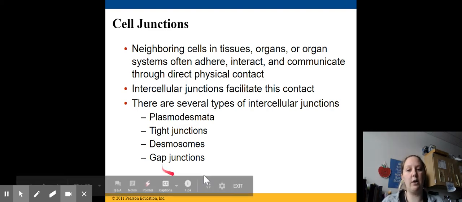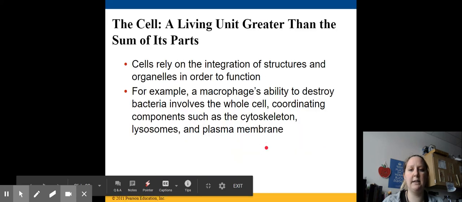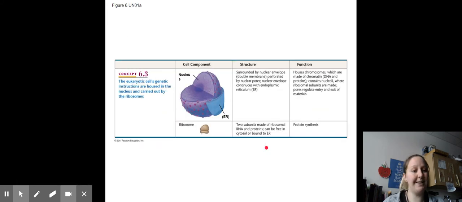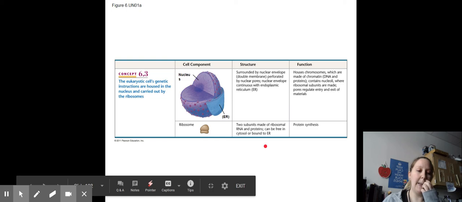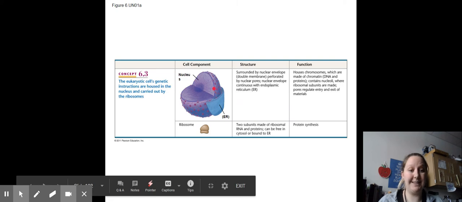These are the four most common here, but we're not going to get into those today, which should take us to the end of our PowerPoint. Tomorrow, or our next class, we will be drawing both plant and animal cells so you can see visually which organelles belong to which respective cell.